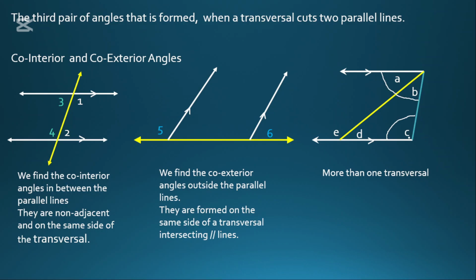So C plus B plus A. They are co-interior angles. Okay, so it's A and E, co-interior angles, and C and A plus B. Right, that too. C, B, and A, they are co-interior angles.